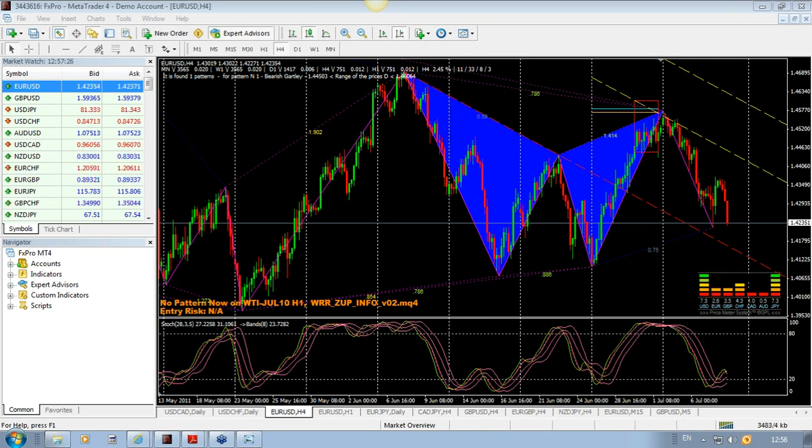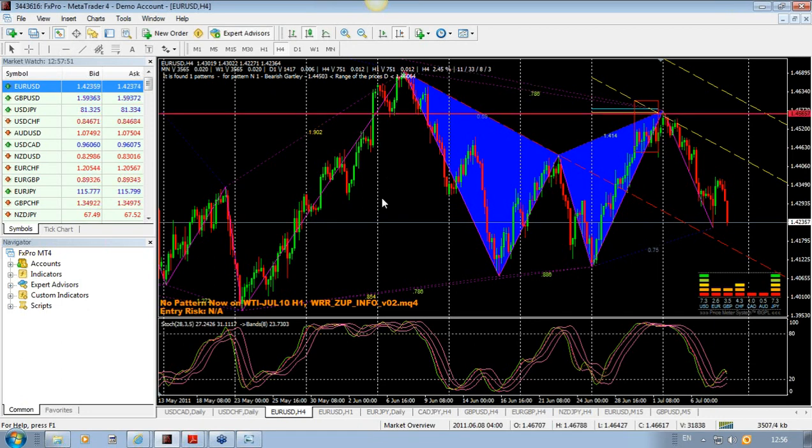Okay, now friends, first of all, just a few words to summarize what we talked about till now. These are the 4 patterns we will use. Gartley, which is less reliable unless it sits on resistances or trend lines, which happens with the euro dollar.